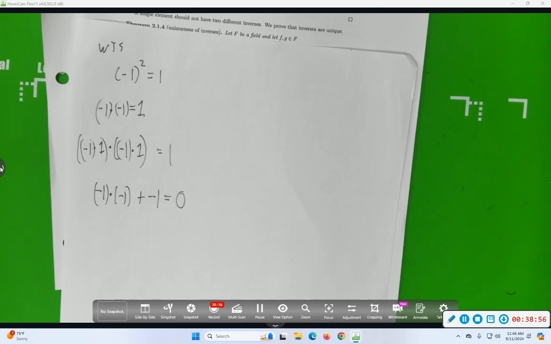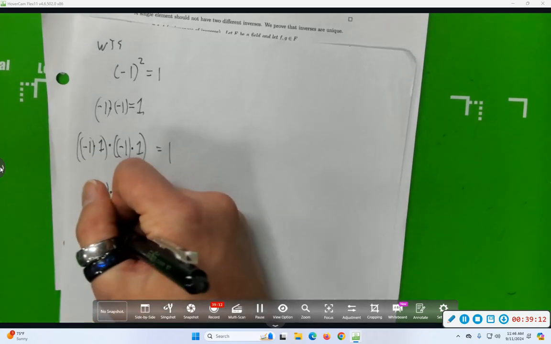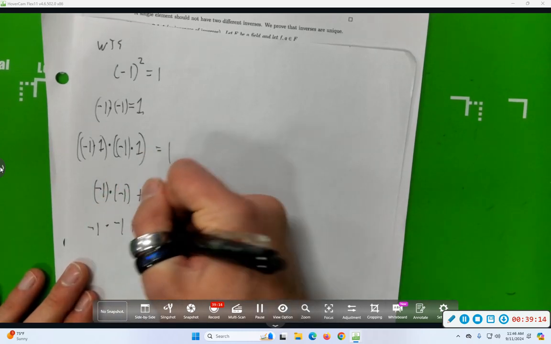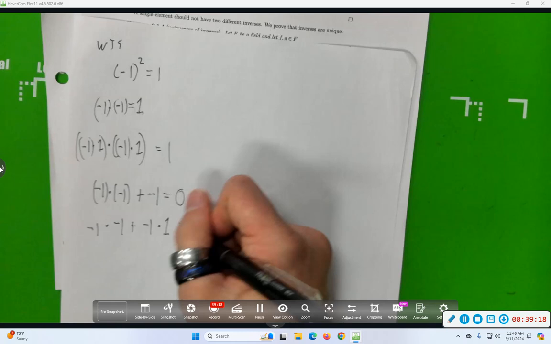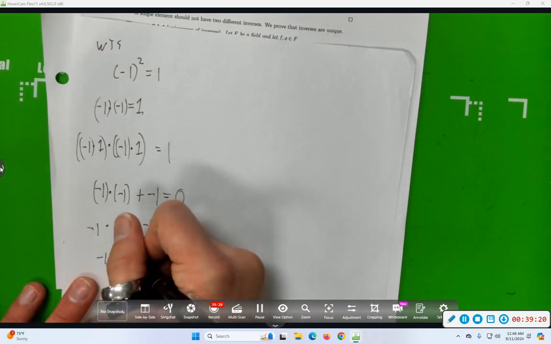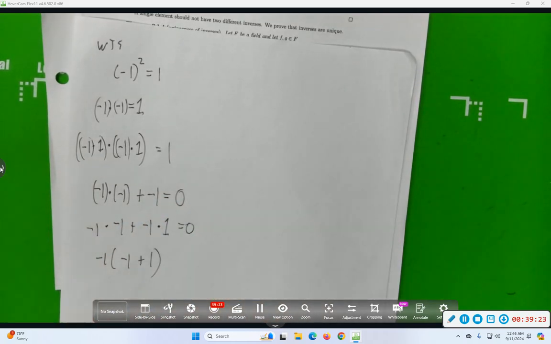So the distributive law lets you factor, as long as that -1 is -1 times something. So can we pull out a -1 and then say we have -1 times -1 plus 1? Yeah. And in fact, the intermediate step there, because now I definitely can do that. And then using the law of additive inverse.